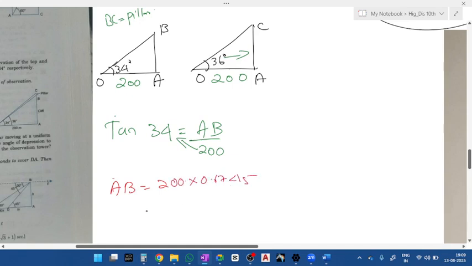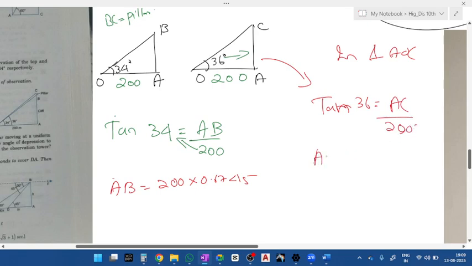If you find this, you'll get the value of AB. Then tell me for the next triangle, you have to write in triangle AOC. Tan 36 is equal to what? AC divided by 200. So if you want to find AC, it is tan 36 into 200.